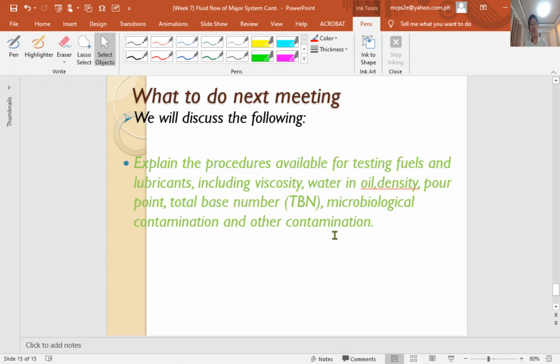For the next meeting, we will have a short quiz on the given discussion, and after the quiz, we will discuss the following: the procedures available for testing fuels and lubricants, including viscosity, water and oil, density, flash point, total base number or TBN, microbiological contamination, and other contamination.